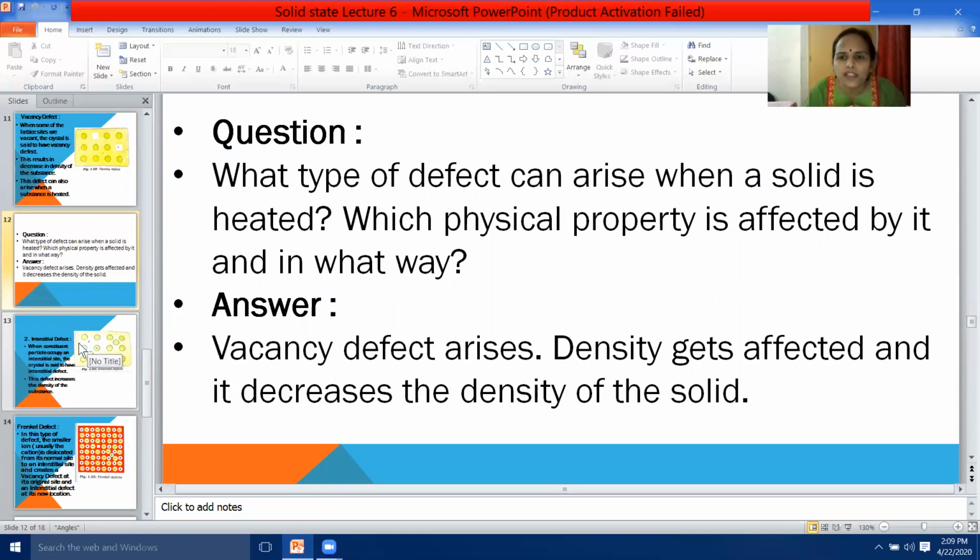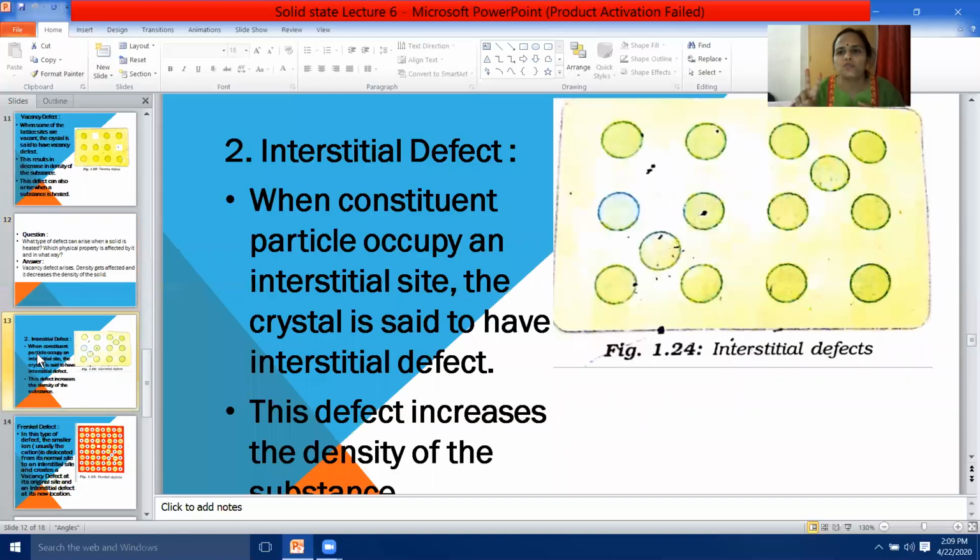The physical property affected is density, and it decreases the density of the solid as a whole. That is the answer you'll be writing.